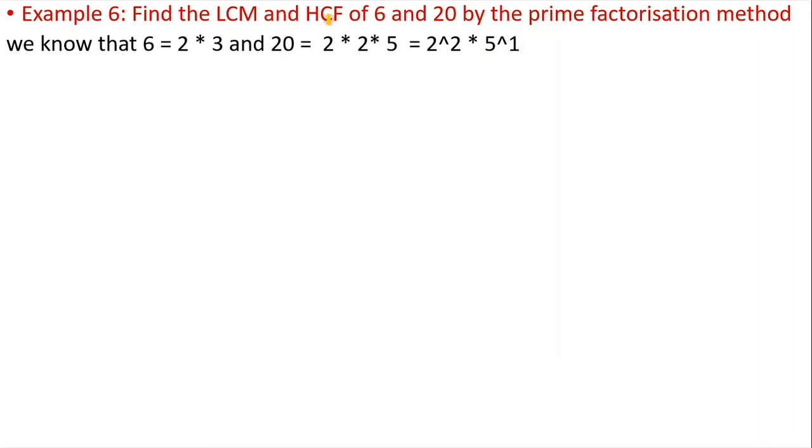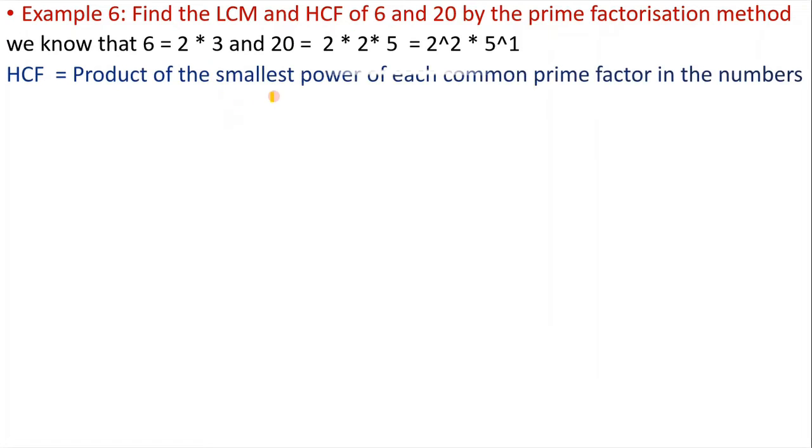Now, to find the HCF and LCM of these two numbers by the prime factorization method, note that the HCF is equal to the product of the smallest power of each common prime factor in the numbers. First we have to see what the common prime factors are in these two numbers.